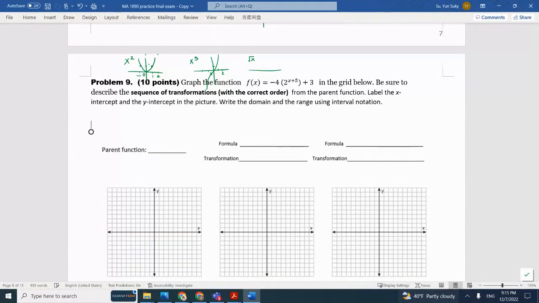And square root looks like that. It passes through (0, 0), (1, 1), and (4, 2). Cube root passes through (0, 0), (1, 1), (8, 2), (-1, -1), and (-8, -2). This is the cube root of x.